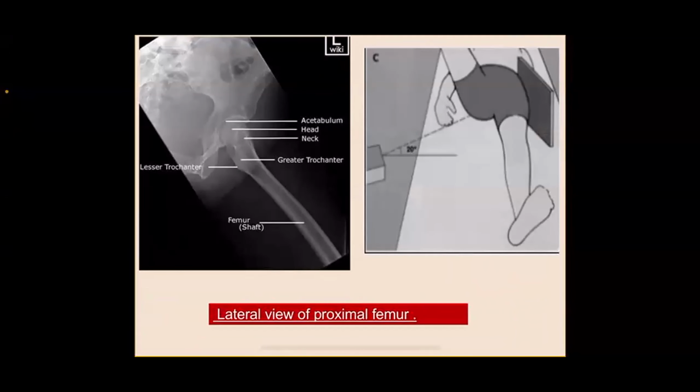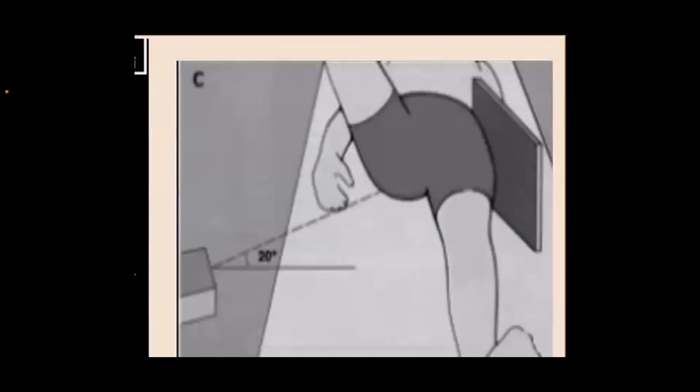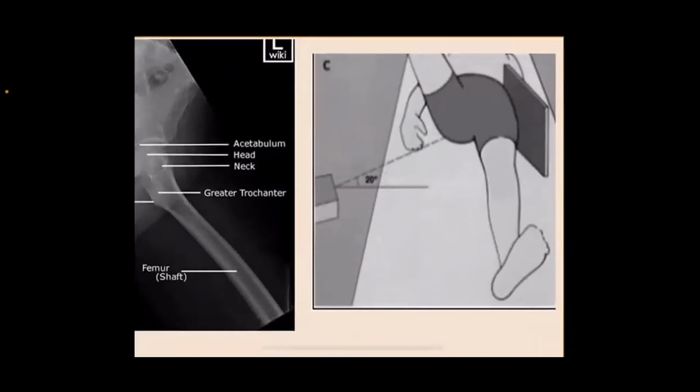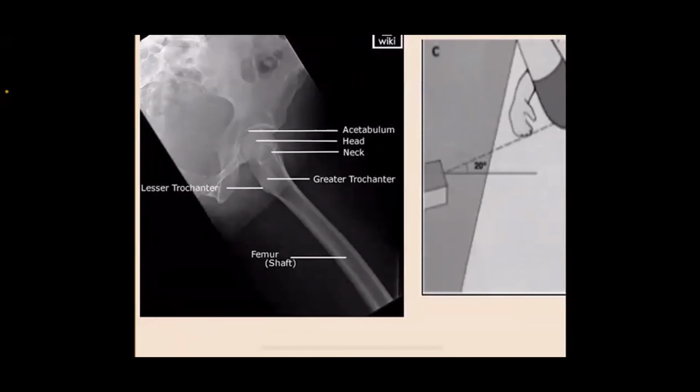This is the lateral view with an angle of 20 degrees, showing the lateral view of the upper proximal femur, showing the acetabulum, the femoral head, the neck, the greater trochanter, and the lesser trochanter.